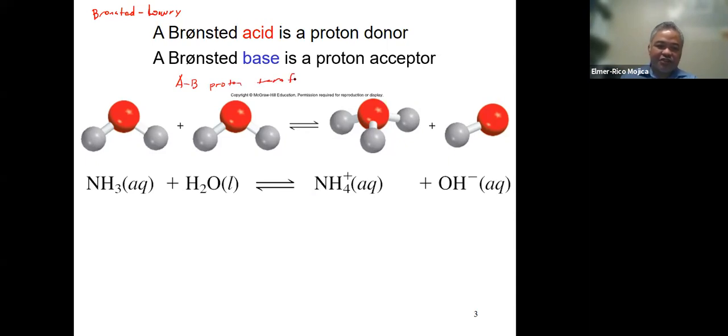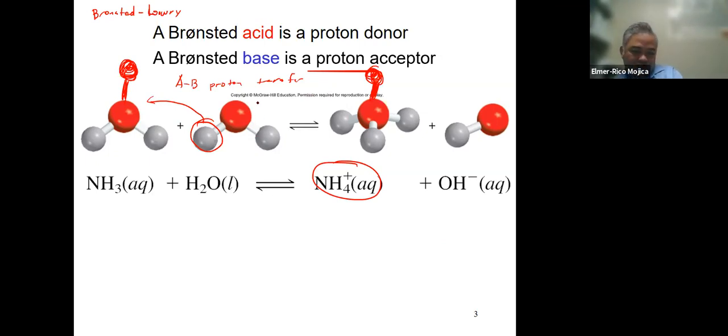If you look at the proton transfer here, you lose one of the protons here, which is hydrogen, and it will be obtained by this one, giving you an NH4 plus and an OH minus. They should have an additional hydrogen here, so this one should be like this.